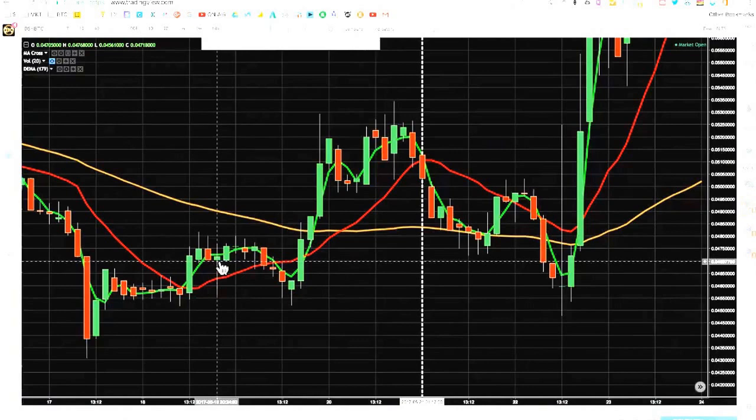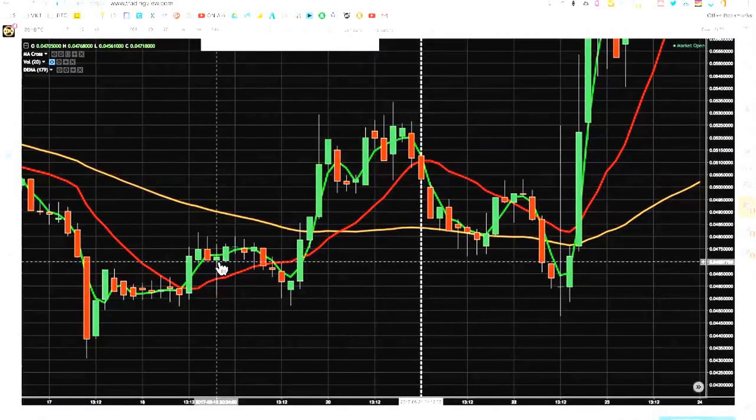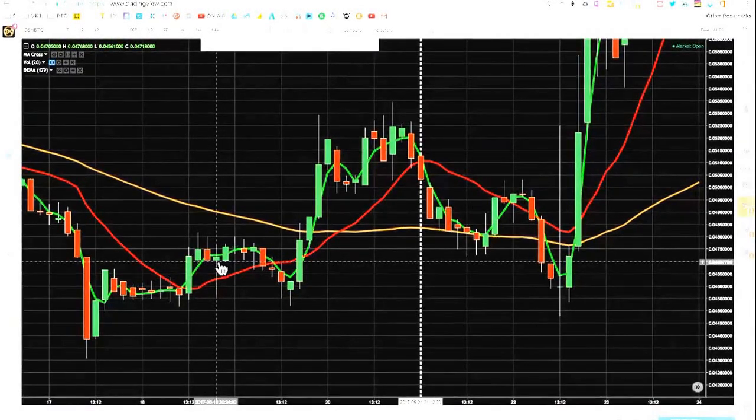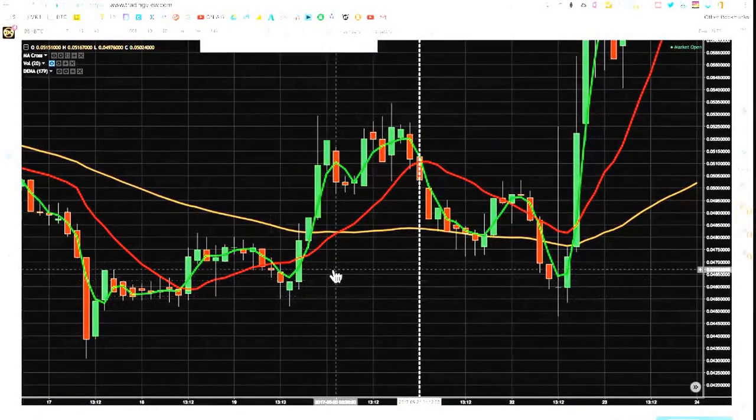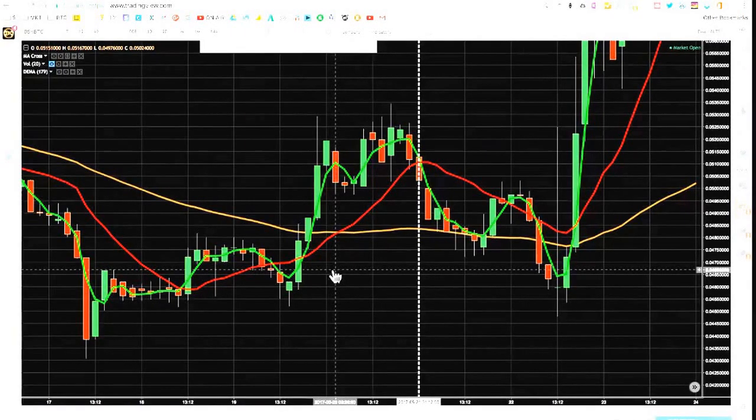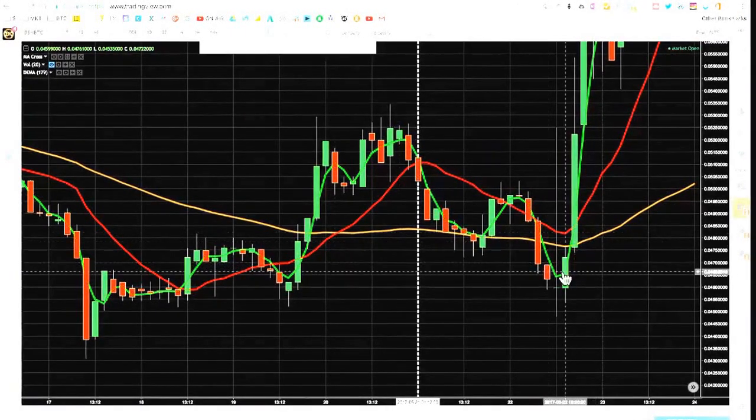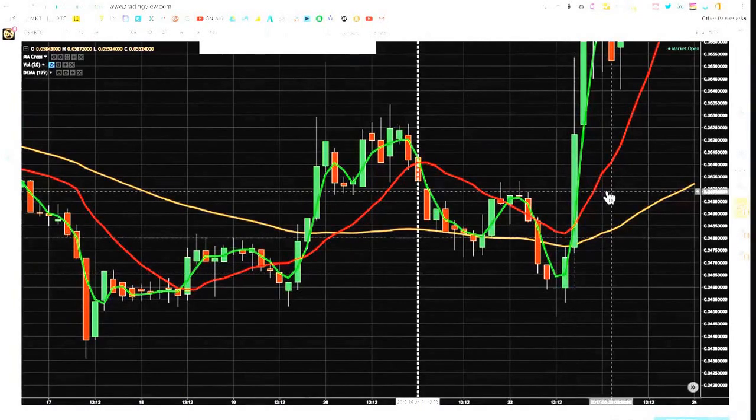What this does is it's basically doing the exact same thing on a much smaller scale, because these green and red lines already have the lows and the highs built into them. And when one overtakes the other, you get a really, really sharp angle that shoots in an opposite direction.